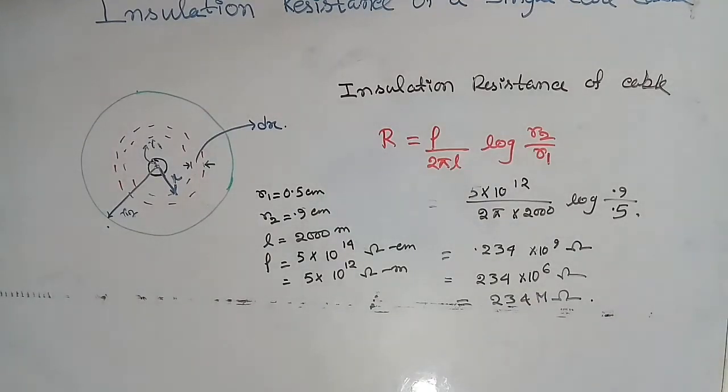So 234 mega ohm is the value of insulation resistance of the cable.